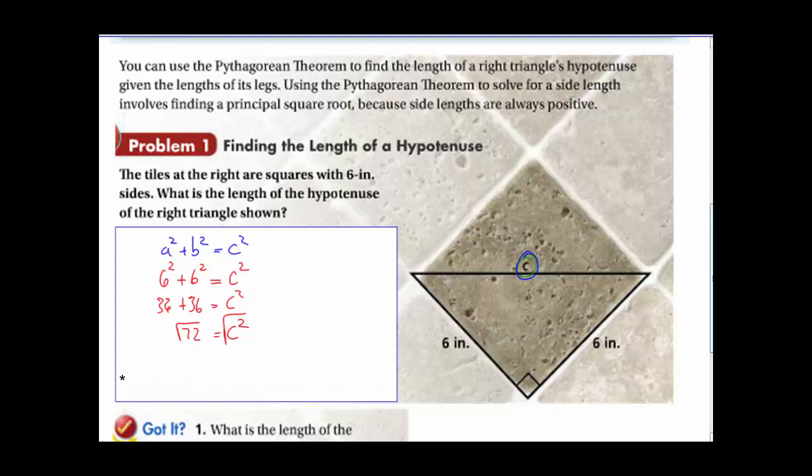Because we're dealing with a geometric figure, remember it was a plus and minus, but we don't need a negative side for distance. So c is approximately equal to the positive square root of 72, which is 8.5 inches. We can say that the length of the hypotenuse is about 8.5 inches.